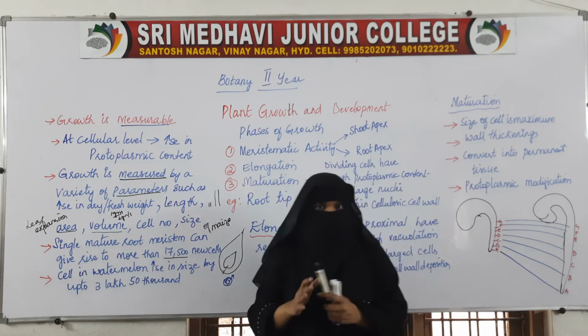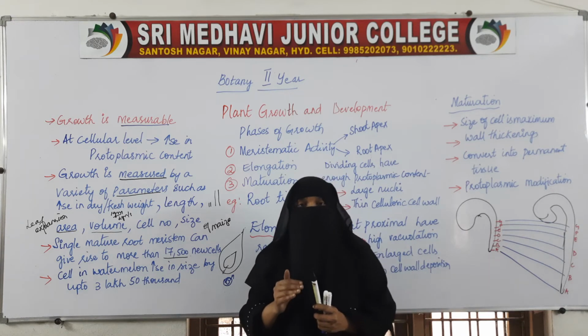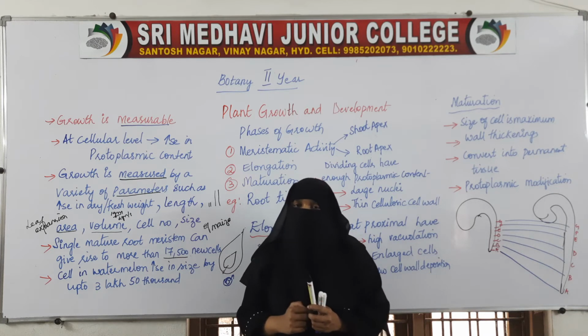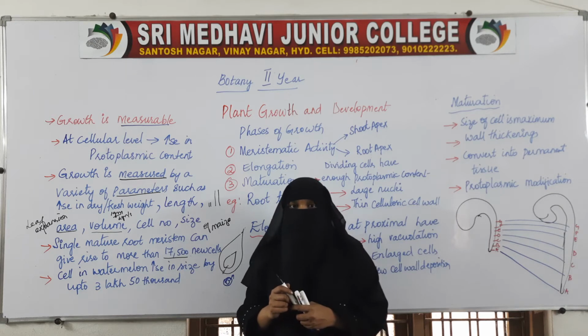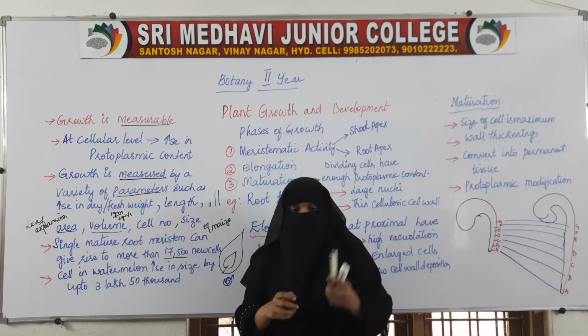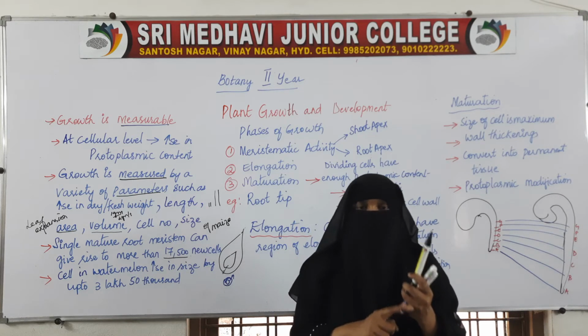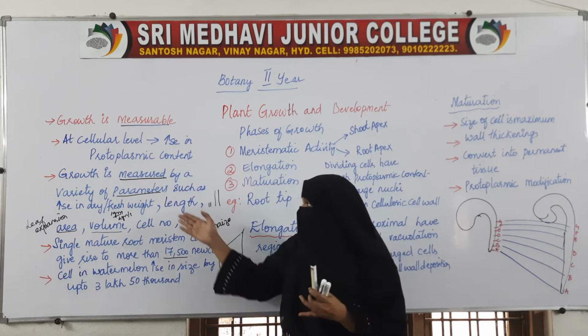So, what we are trying to say is growth of the plant can be measured. How can we measure the growth of the plant? By taking different parameters. What are those parameters? By checking the size, the length, the number of cells, the area, the volume, the weight.